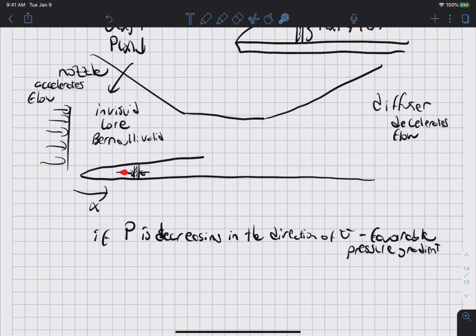So it's actually speeding the flow up in the boundary layer. And what happens in these favorable pressure gradients is that it actually pushes the boundary layer a bit flatter, and the velocity gradient becomes much steeper. Which implies that tau wall increases if the pressure gradient is favorable.